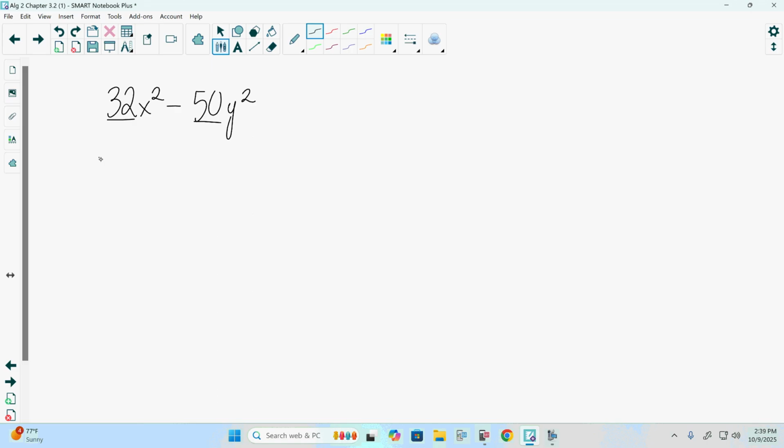There is. Well, they are even, so it has to be 2. 32 divided by 2 is 16. 50 divided by 2 is 25. So there is no other common factor, so 2 is the greatest common factor.